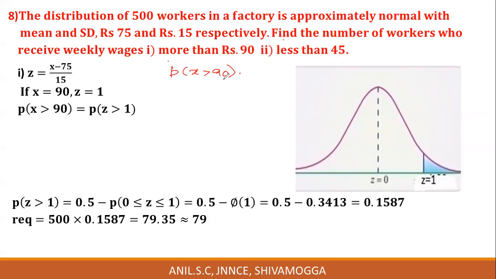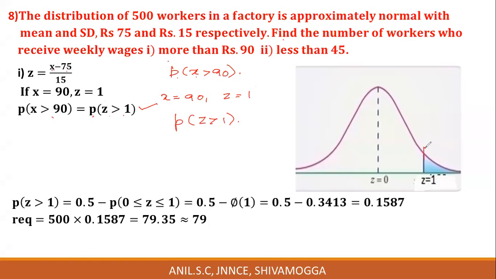What will be the value of Z when X is equal to 90? 90 minus 75 is 15, 15 by 15 is 1. Therefore, writing the statement P where X greater than 90 is same as writing the statement P where Z is greater than 1. Now mark this area where Z is greater than 1.